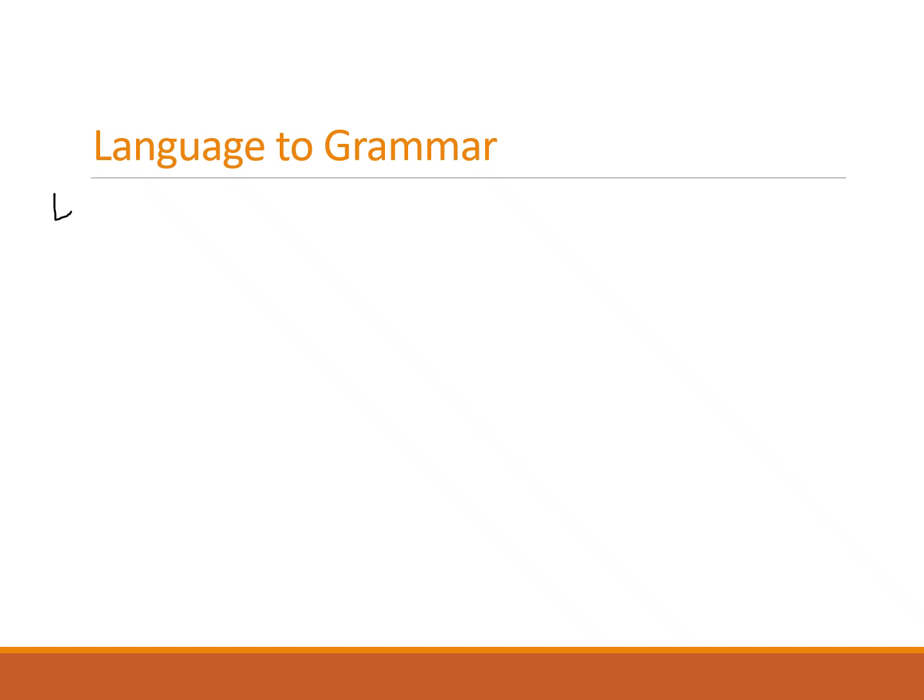Okay, so up till now we have seen that the languages had a fixed start of A. But now let us see a few examples wherein we are not having a fixed start of A, B, or anything else.